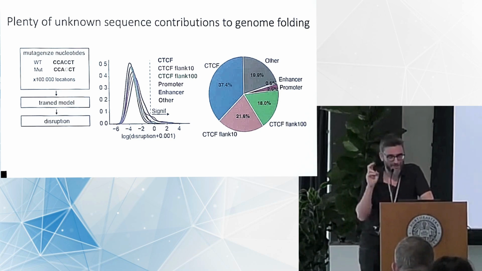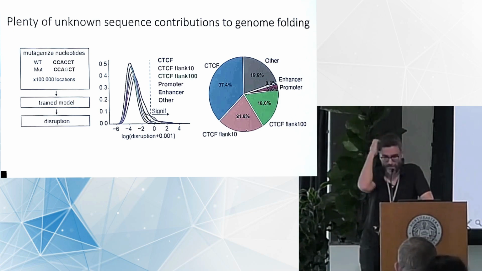We call them computational experiments, which involve throwing mutations just randomly across the genome, setting a threshold and saying mutations above this are impactful, and then looking at where they fell. Many of them fell into CTCF as expected. A bunch of them fell nearby CTCFs. We're kind of trying to understand that now. You can go check out a poster and talk from Paulina about that.